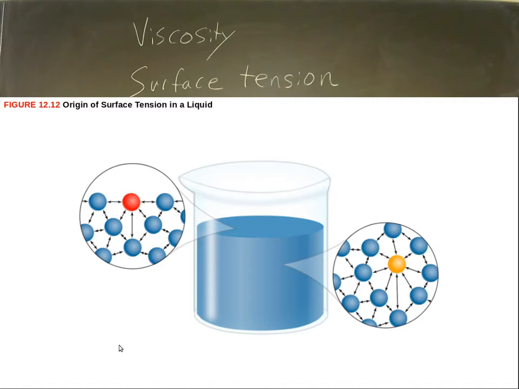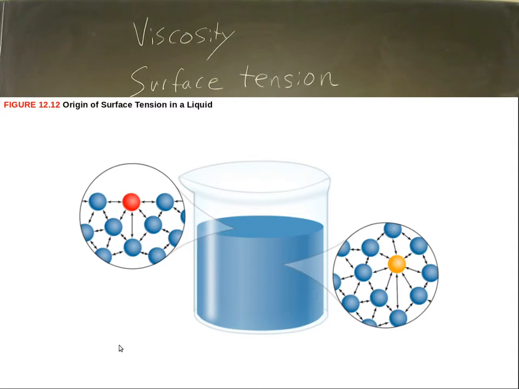It's got water molecules to either side and beneath it, but up above there's only air. And so it has fewer of these attractive intermolecular hydrogen bonds. Water in the bulk is surrounded by other water molecules on all sides. And so it has a maximum number of hydrogen bonds formed with neighbors.